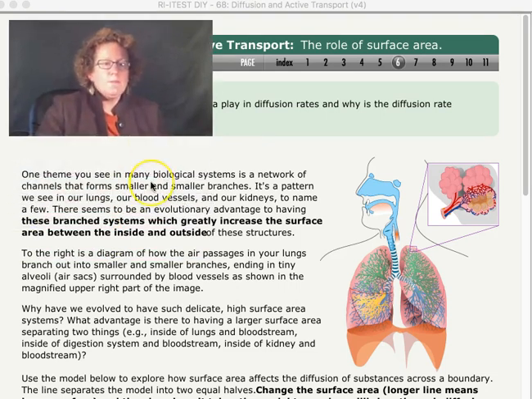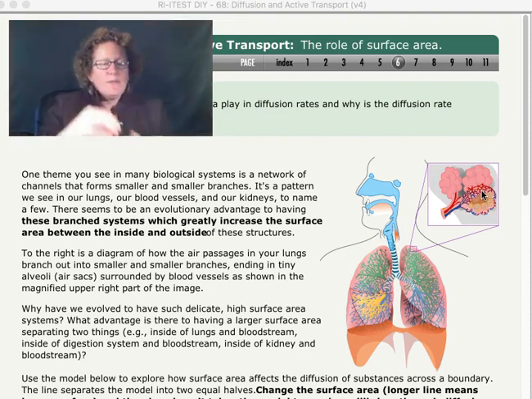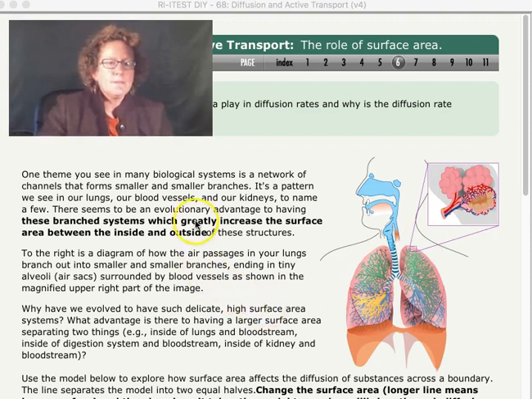So one theme you'll see in many biological systems is a network of channels that form smaller and smaller branches. You can see that in your lungs. You have a trachea here and it gets a little bit smaller and then gets smaller and smaller and tinier until it gets to the alveoli, which are tiny little sacs that line up with some tiny blood vessels where your red blood cells can interact with the oxygen coming into your lungs.